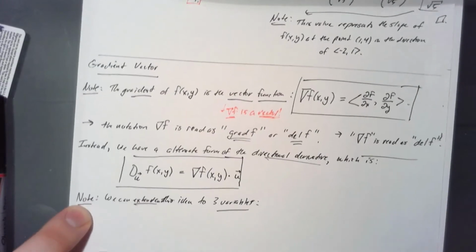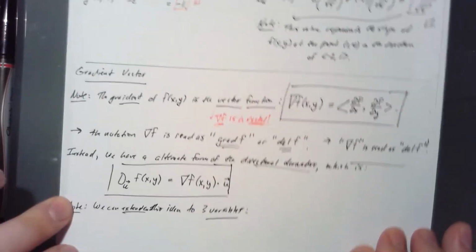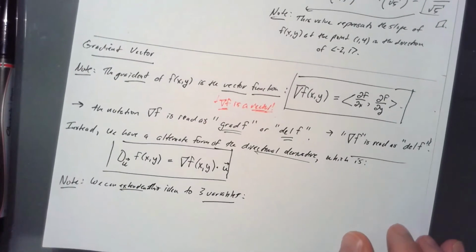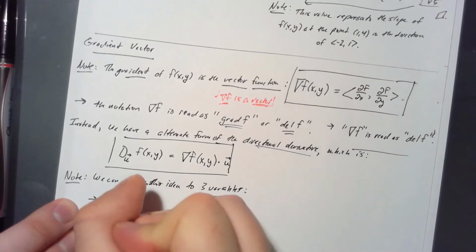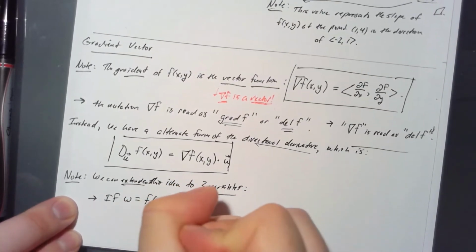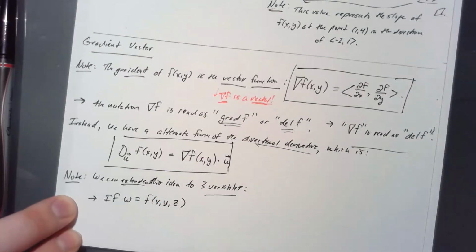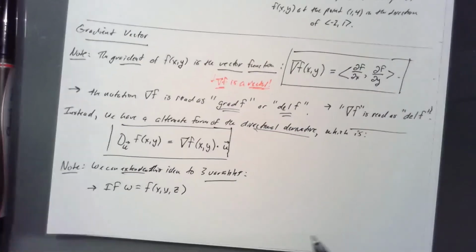So how would this look with three variables? Well, if we had a three variable function, if w was equal to f at xyz, so this would be not just a surface, but a shape, a volume.